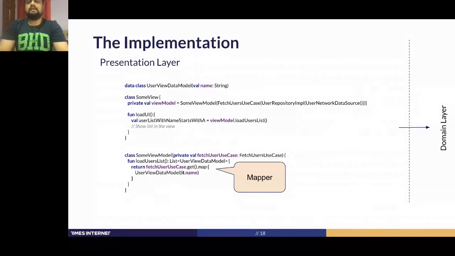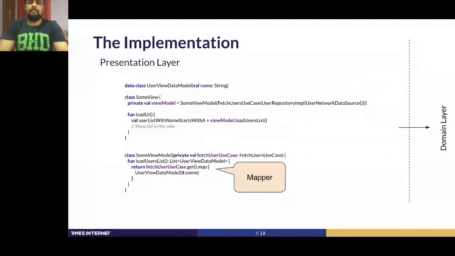The use case suggests: load me the list of users with the initial letter A. Let's suppose we have a list of users, probably in some remote source or local source, and they are all jumbled up. We have a raw, flat user list. Now, I need to filter the list and show in the view only the users whose initials start with A.